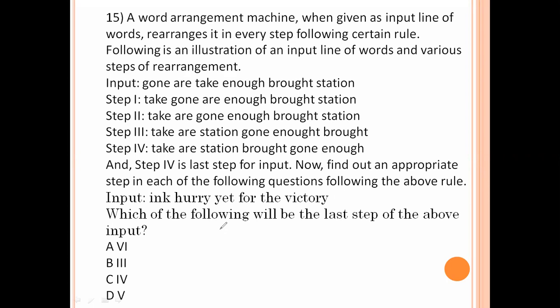Now here we see, take G A G T E B S. So the highest letter is T. T comes first. We write the remaining as T as. Next, T S comes last. Next highest is S, which comes next to last.